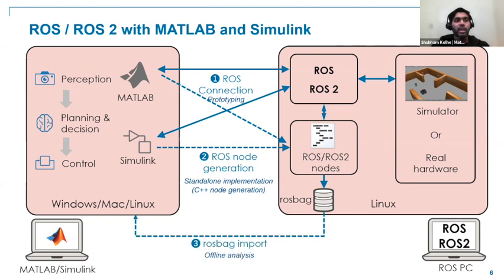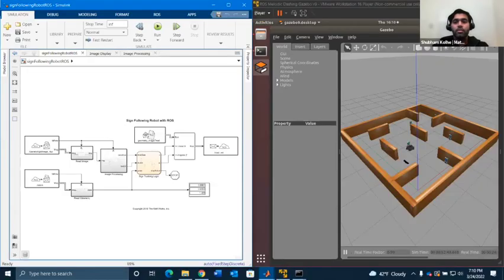And finally is the data analysis and playback. You log your data from simulation or hardware, then you bring it to MATLAB and Simulink and perform offline design tasks. So now let's take a look at each workflow with some examples.